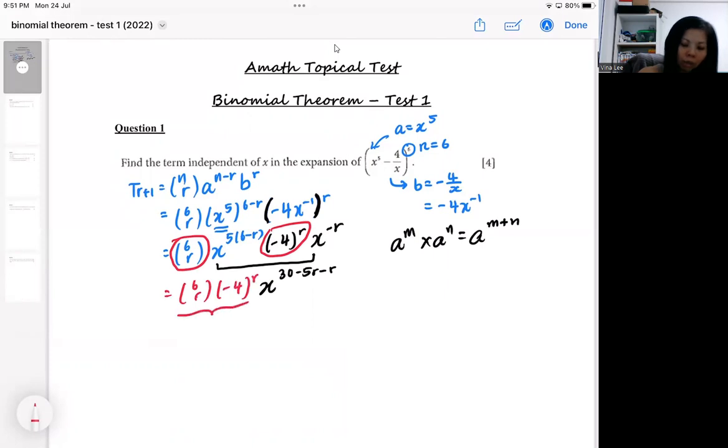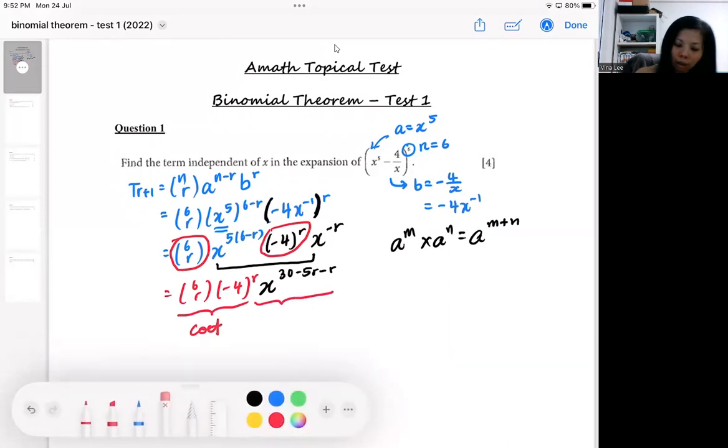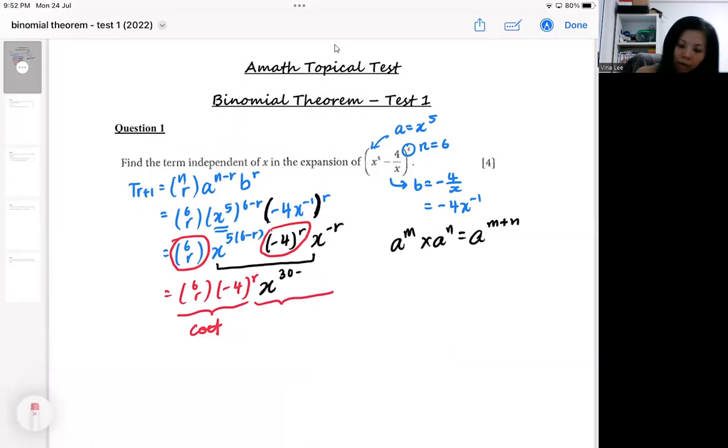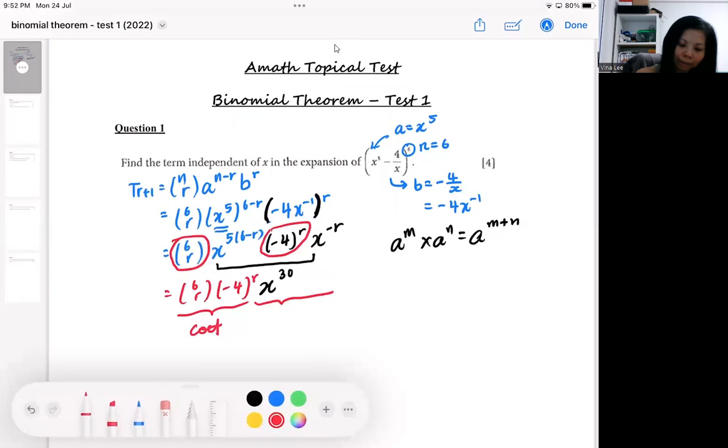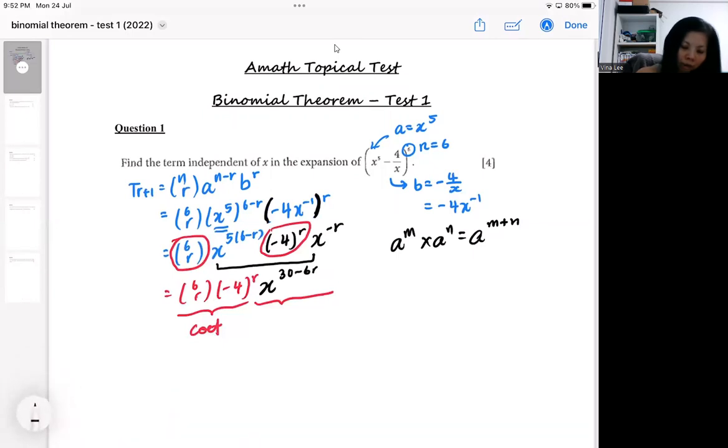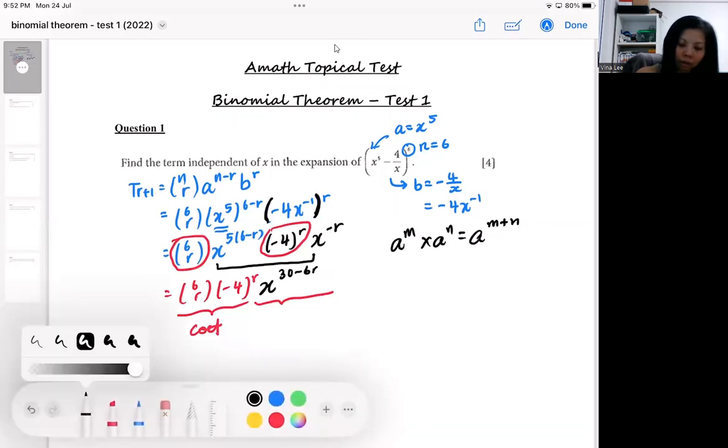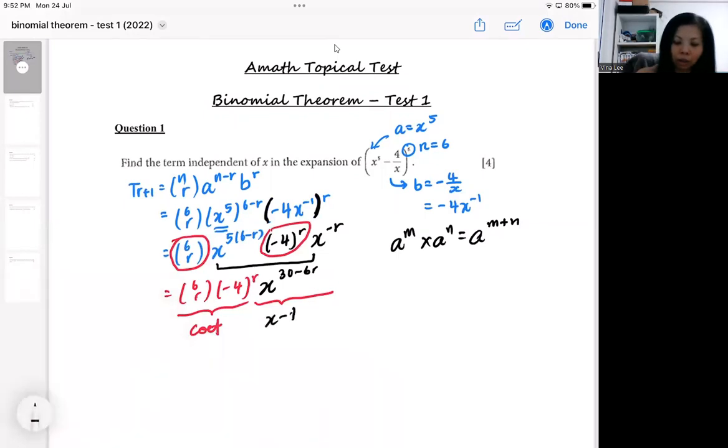So this is the one that contributes the coefficient. So it can be any coefficient that I want to. And then I simplify first, then I'll get a minus 6r. So the x portion is the x term that we will be using.